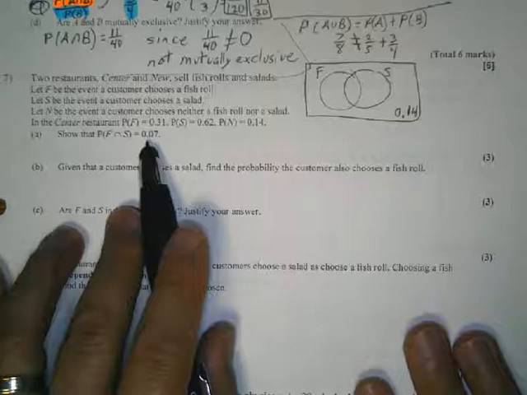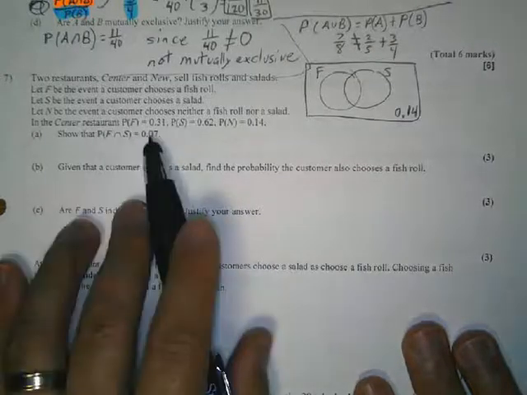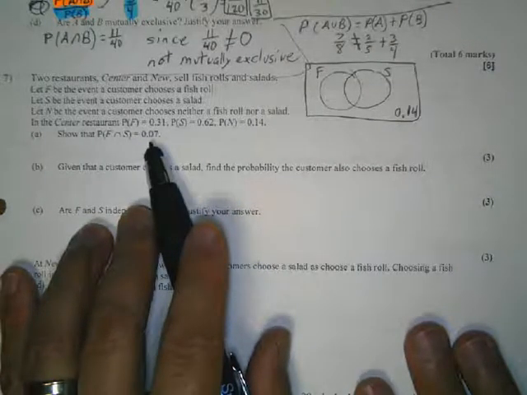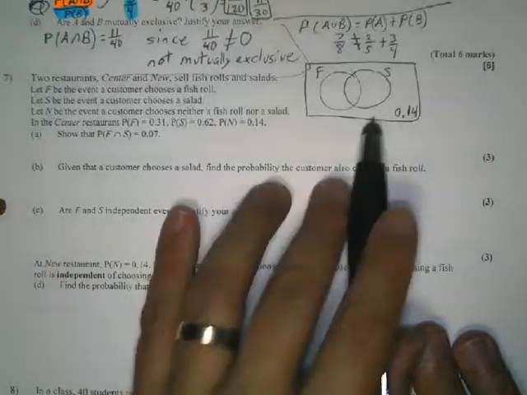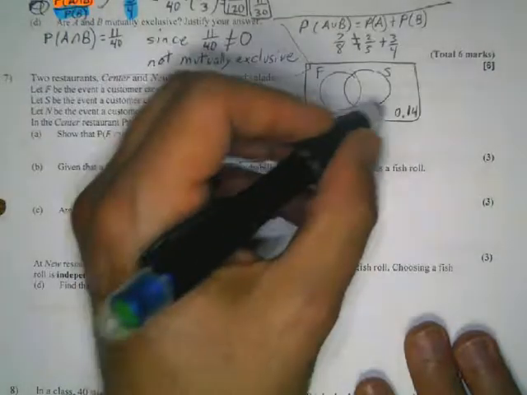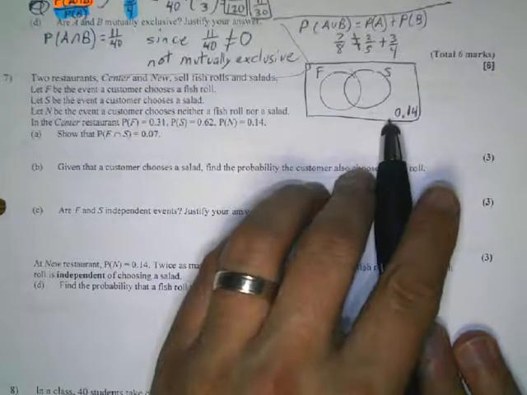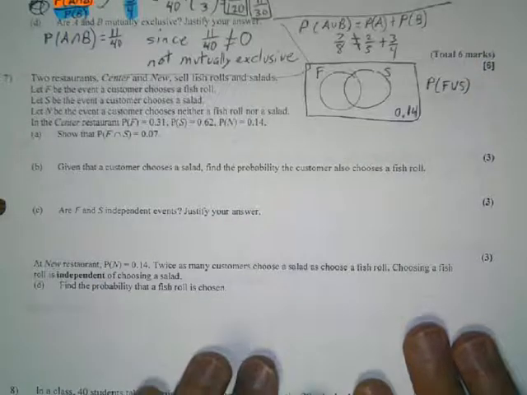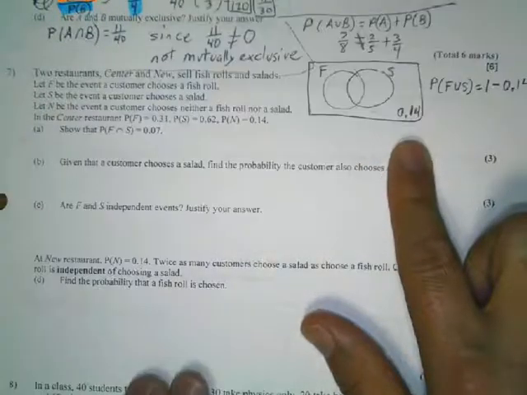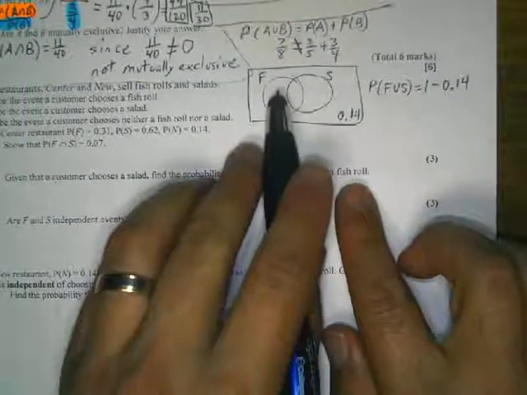we know the, do we know the union? Aha. So if out here is 0.14, we know that the union is going to have to be 1 minus 0.14, because the union is these three spaces.